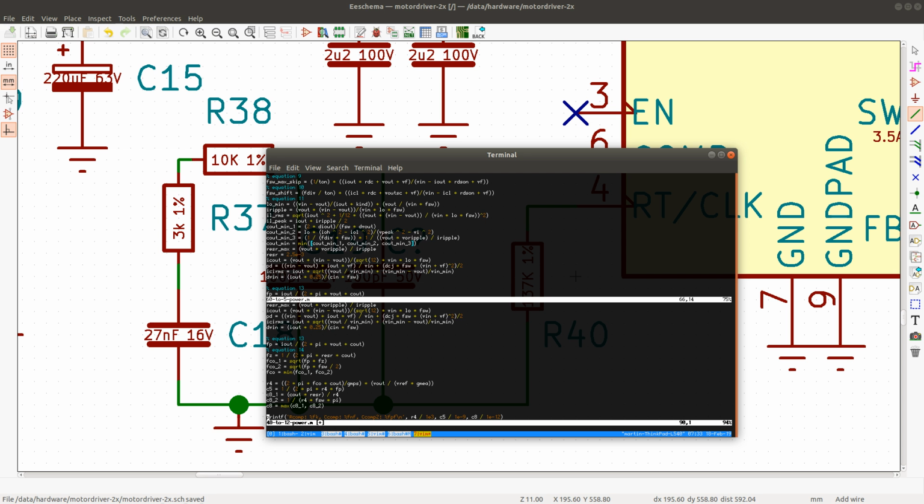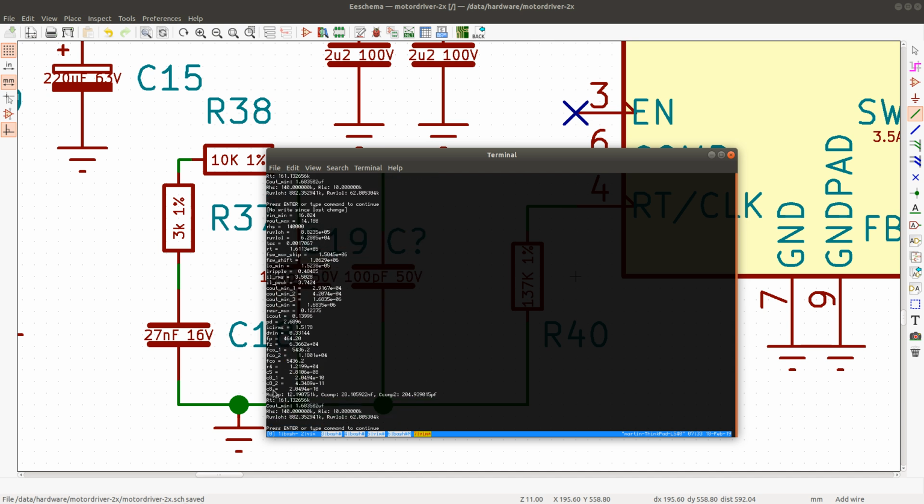Right, so I think this should be fine. So we get a lower compensation resistor. Or do we? No, I think I had the same one there.